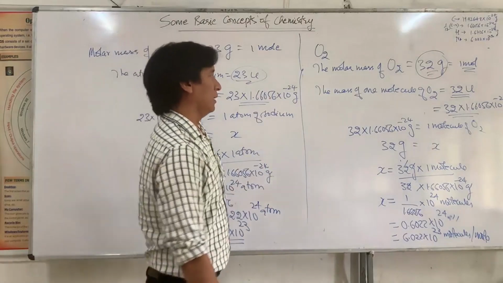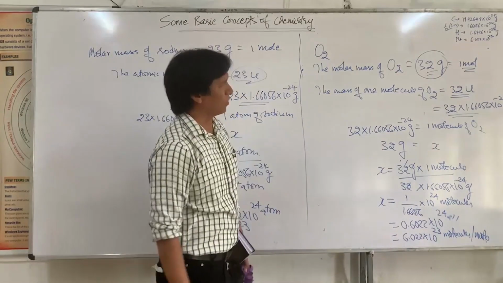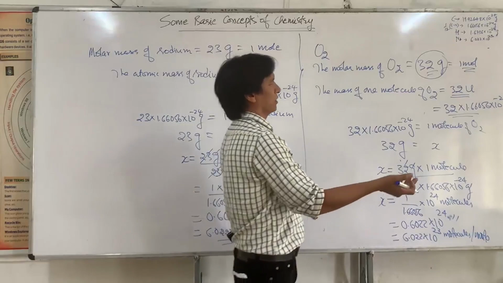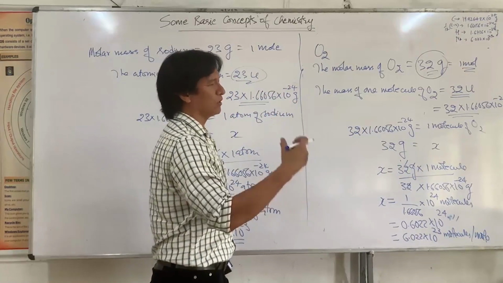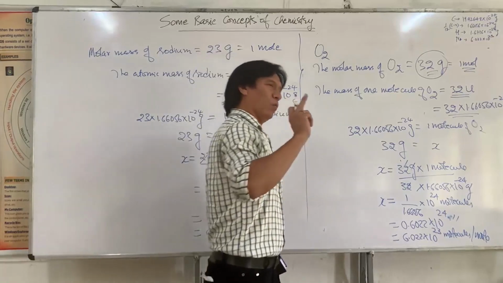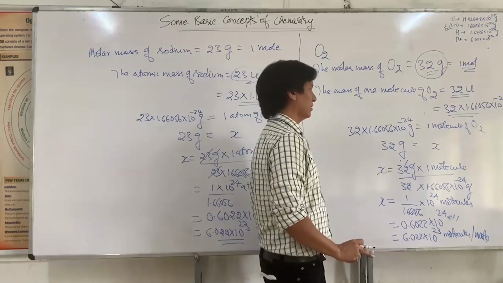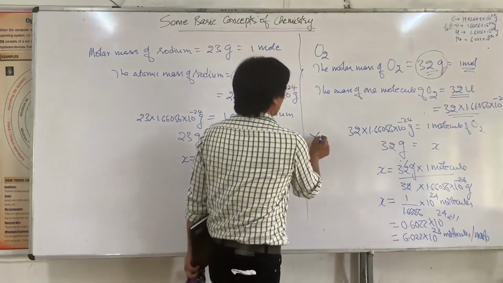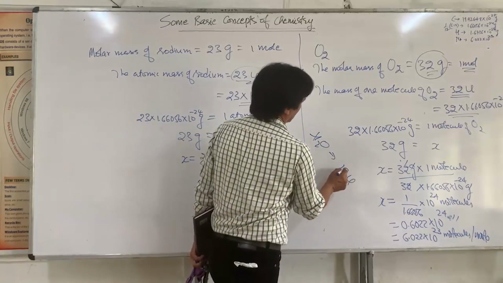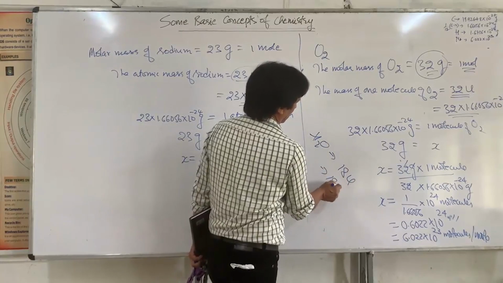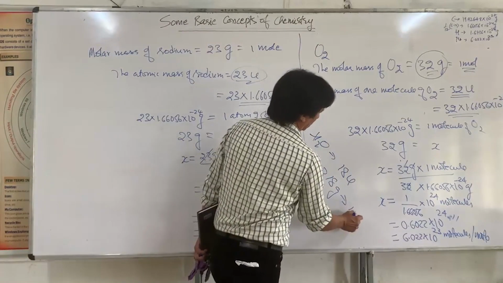Similarly, you can do the same calculation for, say, water. You will see the number of molecules of H2O in 1 mole of water. In the case of water, H2O, it is 18 unified mass. This is the molecular mass of water. So when you take exactly 18 grams, this is 1 mole.